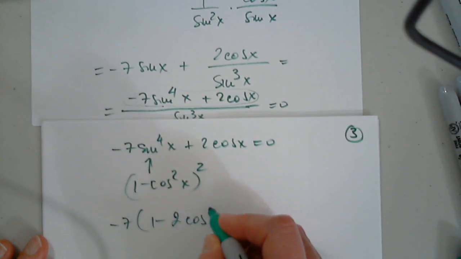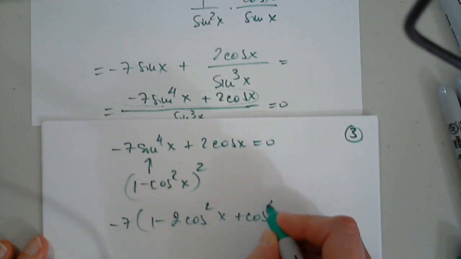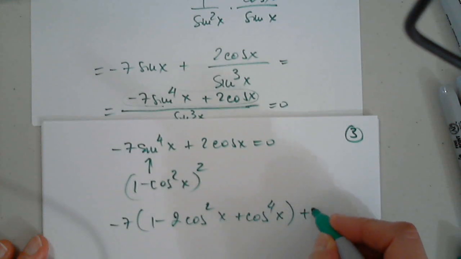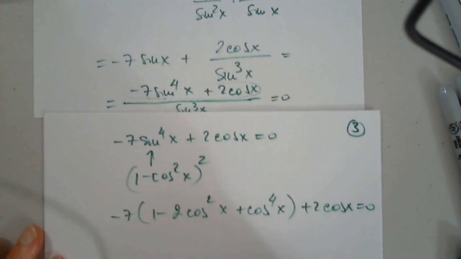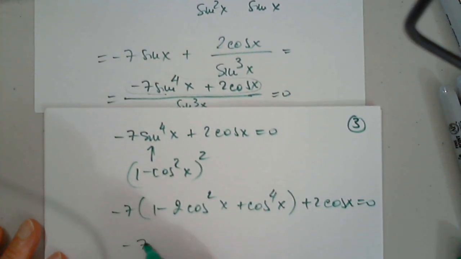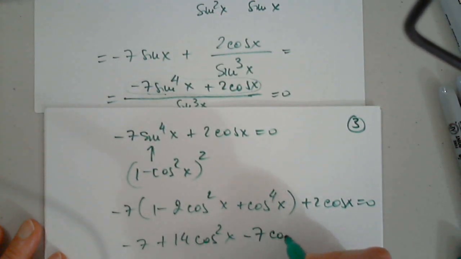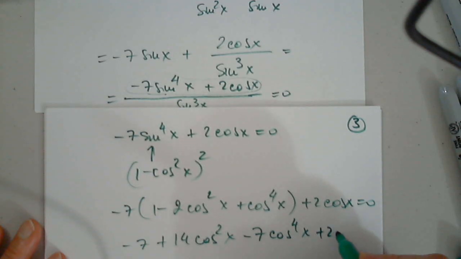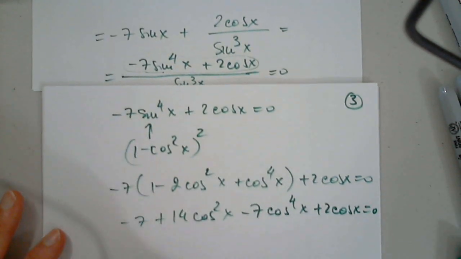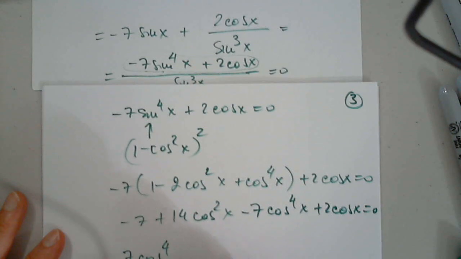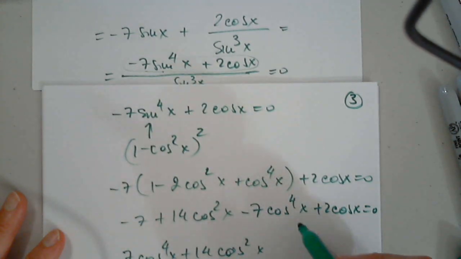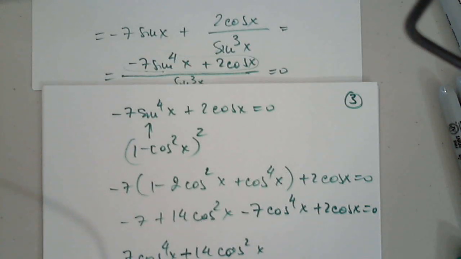So negative 7 plus 14 cosine squared minus 7 cosine to the fourth plus 2 cosine x equals 0. This is positive, this is negative because I changed the sign.